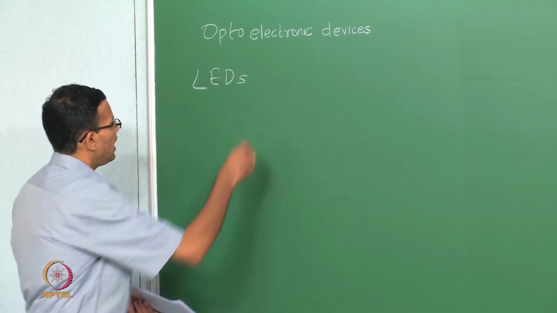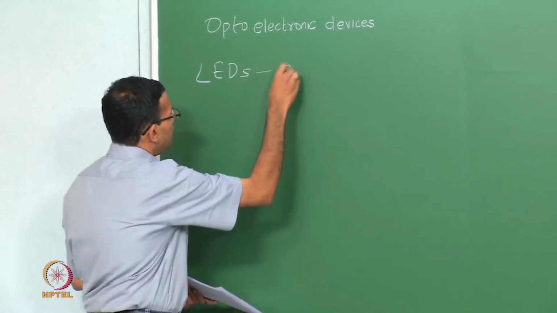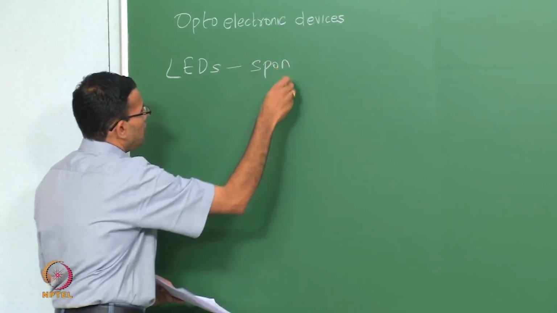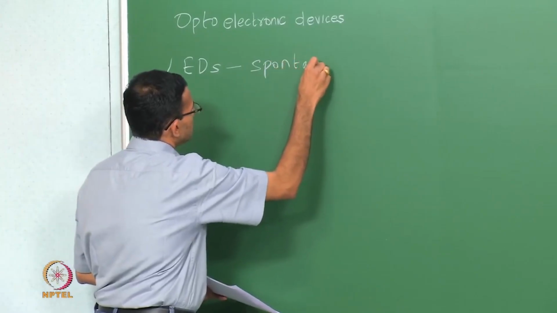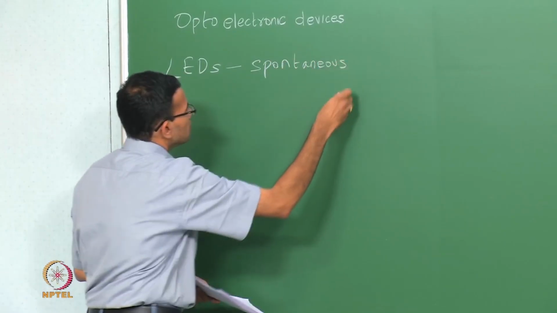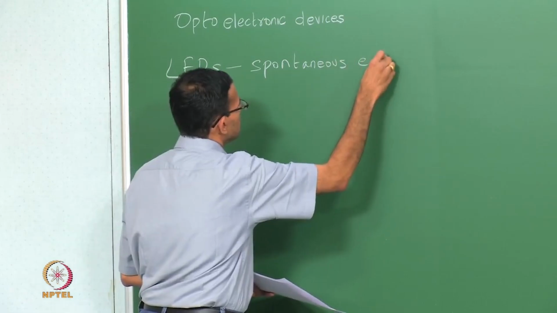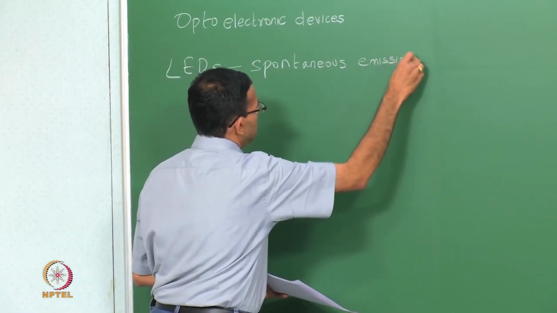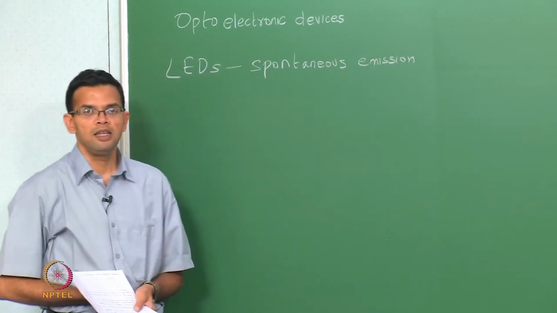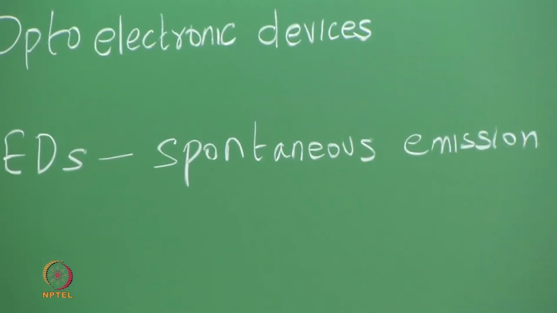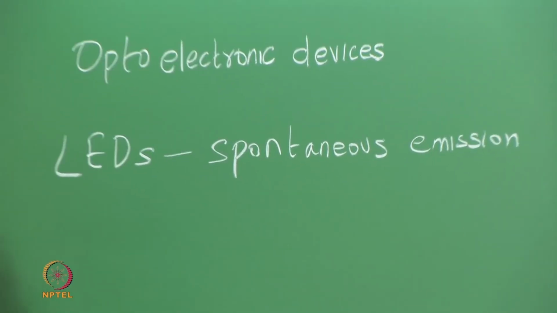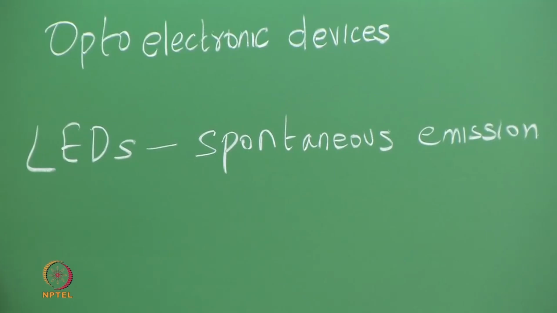So, we talked about LEDs, and LEDs are an example of spontaneous emission, which means typically the radiation is emitted in any direction and is not necessarily in phase.